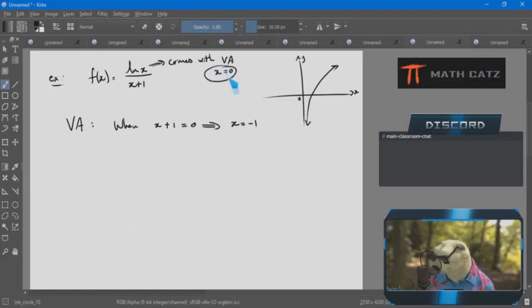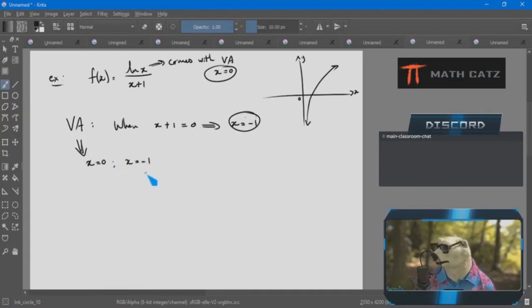Vertical asymptote. So there's 1 by looking at it as a fraction, where is the denominator equal to 0? And there's 1 because of the presence of the log component. Okay. So I have 2 of them. Let's write it over here, x equal to 0, x equal to negative 1.